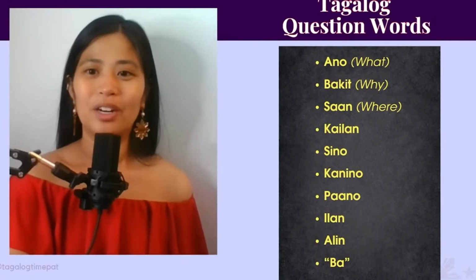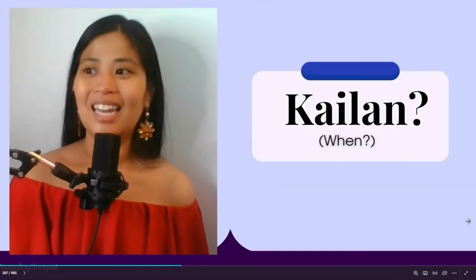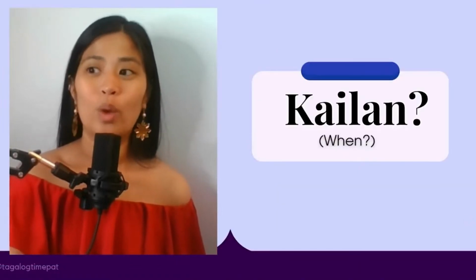So these are the question words that we have learned so far. Ano means what. Bakit means why. Saan means where. Okay? And this is where we're going. We're going to see what these other ones mean. Now, we're going to talk about kailan. Kailan means when.